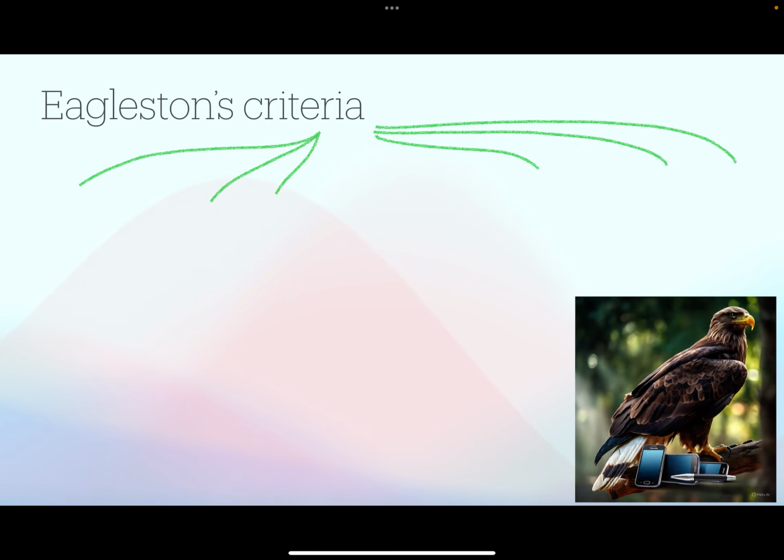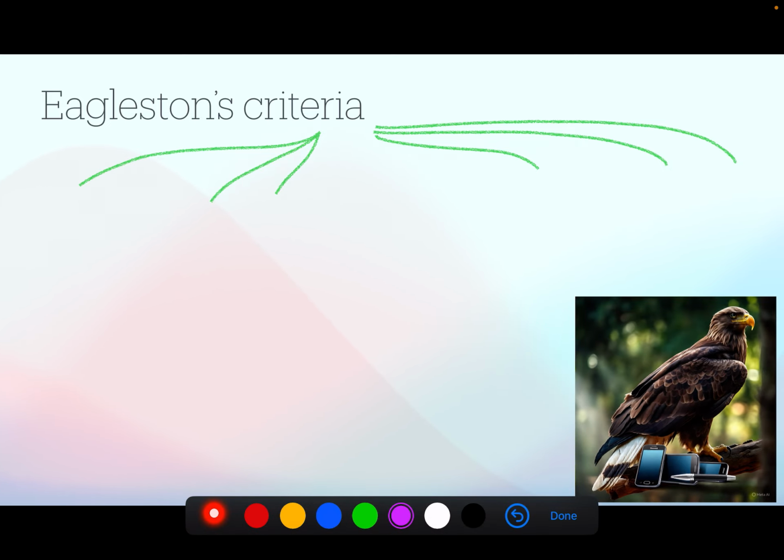Coming to the criteria for cavernous sinus thrombosis, it is known as Eagleton criteria. Remember it via eagle, having 3 S3 phones, that is Samsung 3 S3 and a pen. So there will be S3 and pen. So this is the mnemonic for Eagleton criteria of cavernous sinus thrombosis.